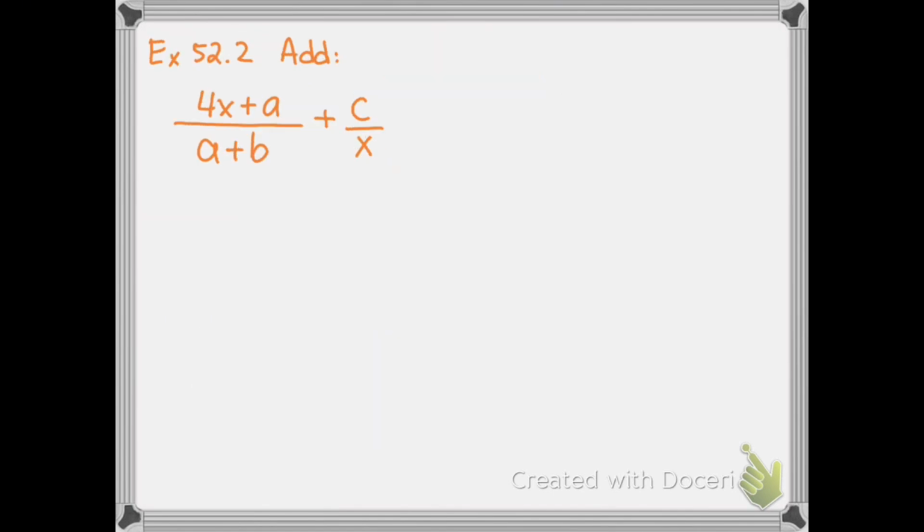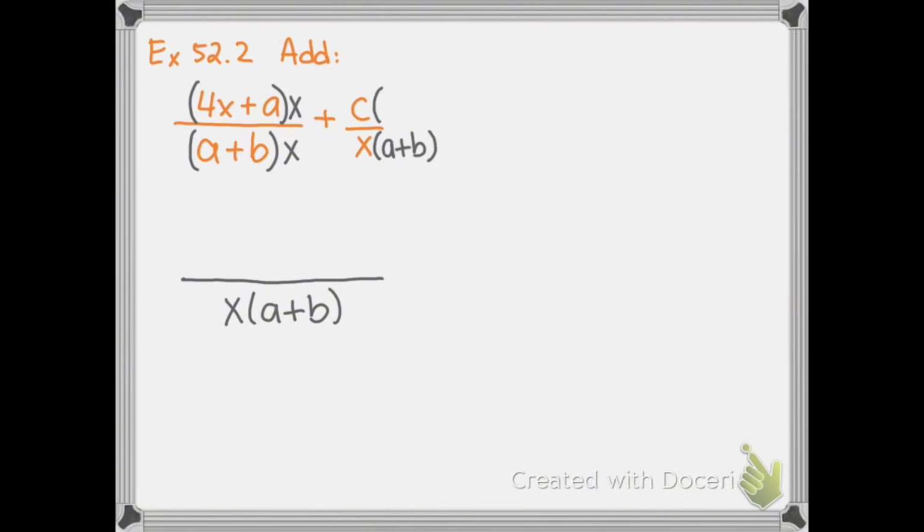Let's look at this other example. Again, we have to look for the LCM, which is the x times the a plus b. It's all the factors that are in the denominator. The first fraction is missing the x, so I multiply both the top and the bottom times x. The second fraction is missing the a plus b, so we multiply the bottom and the top.